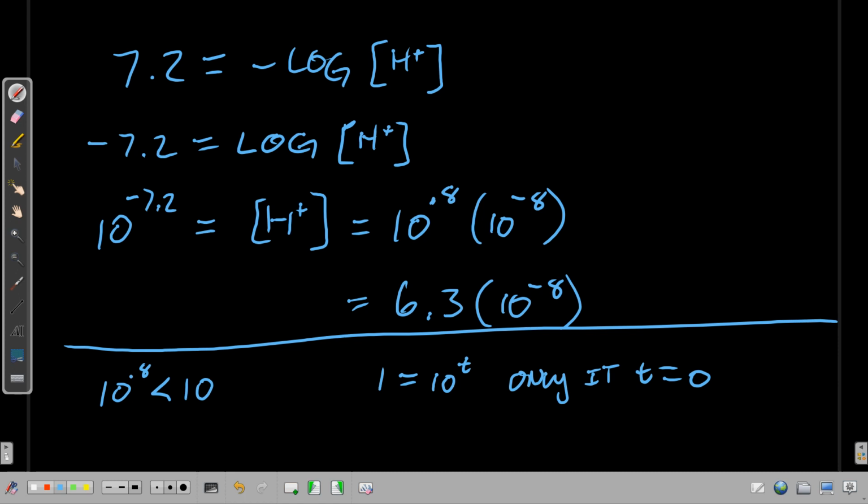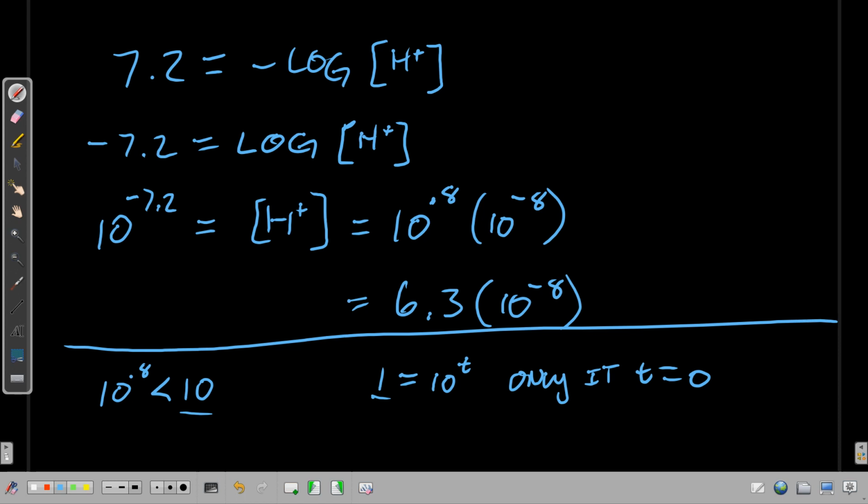So as long as your exponent is a non-negative number less than 1, then you're guaranteed that 10 to that number is between 1 and 10.